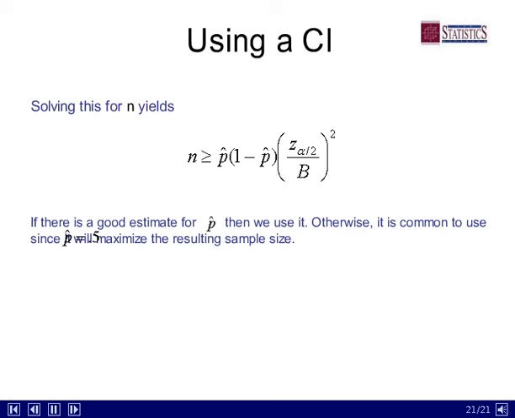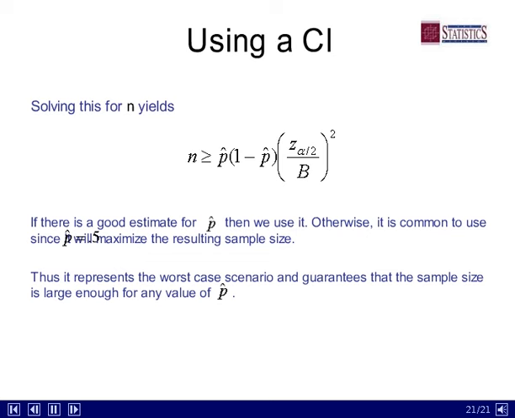Otherwise, what's common to use is 0.5, because 0.5 times 0.5, which is 1 minus itself, is the maximum you can get of any two values that are complements of each other within the 0 to 1 space. So for example, 0.9 times 0.1 is lower than 0.5 times 0.5. Looking at that formula, if I use 0.5, I'm maximizing it. In other words, I will use an n that is the maximum I could ever need.